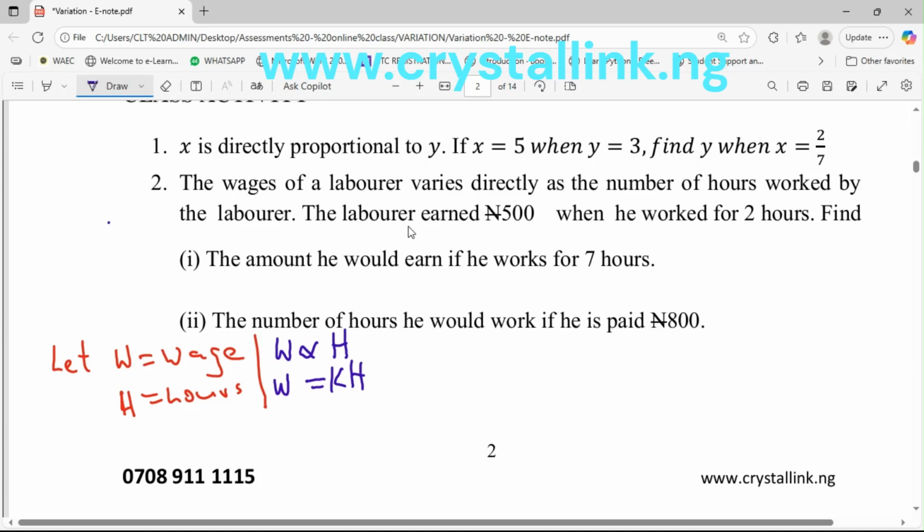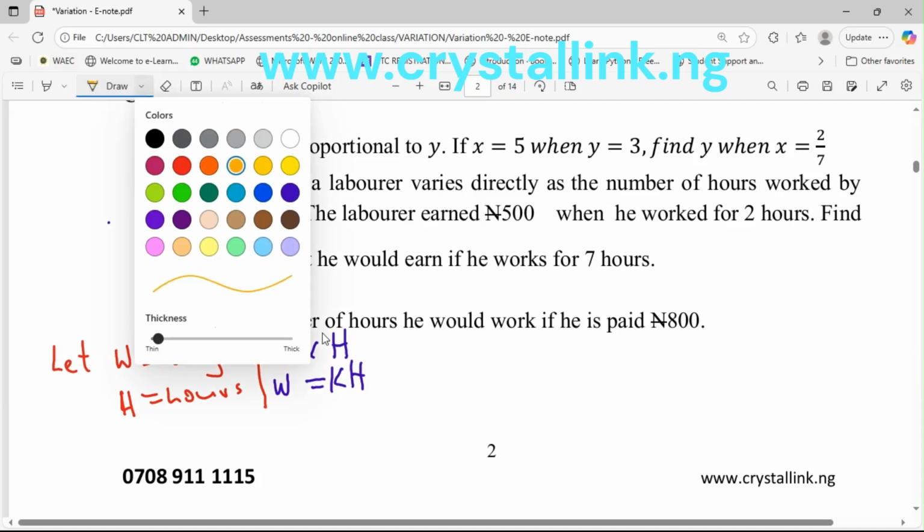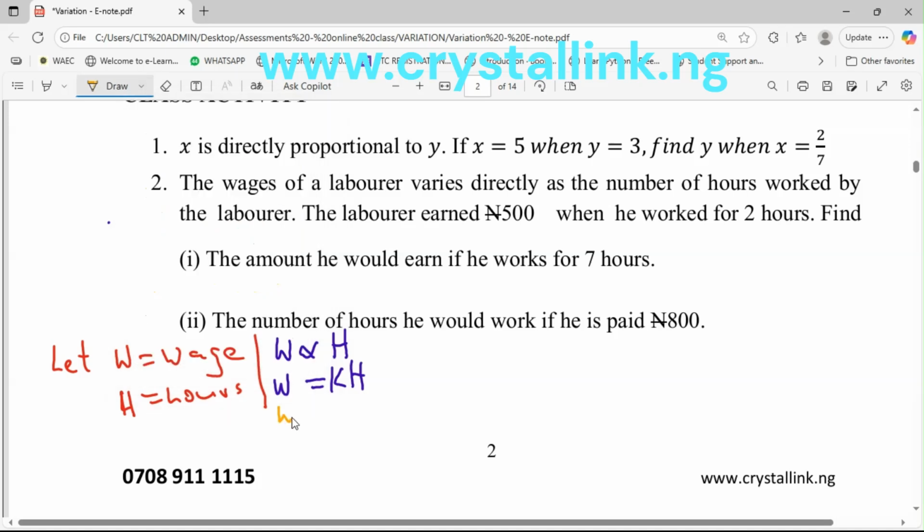So it now says the laborer earned 500. That is the wage now. When he worked for 2 hours. So what this means is W equal to 500 naira when H is equal to 2 hours.